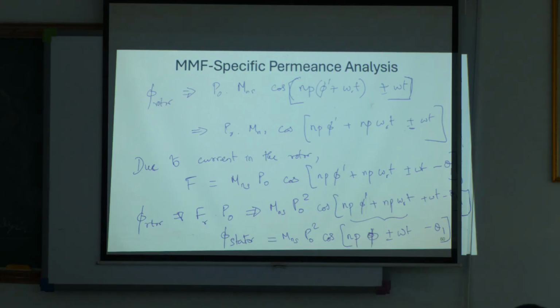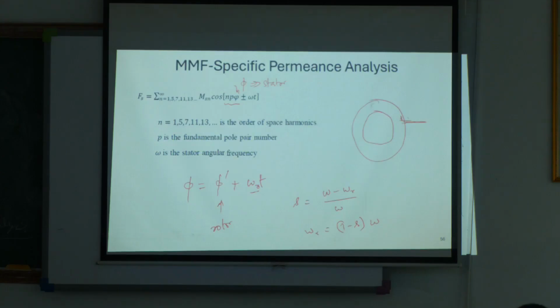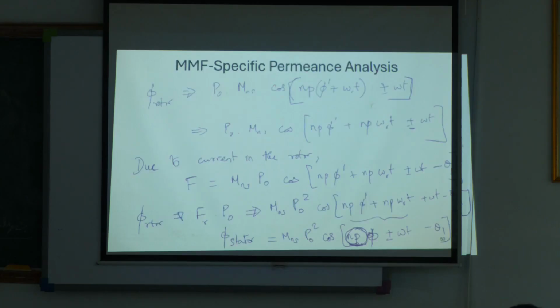So basically the number here, NP, or this pole pair number, has to match the main pole pair number. The main stator MMF pole pair number and the air gap flux density's pole pair number have to match. If they match, currents will be induced, and the frequency of such currents is given by this omega.